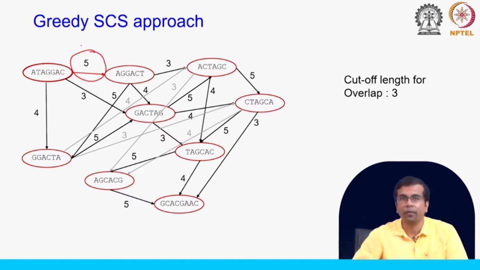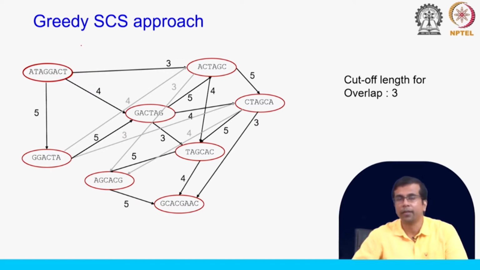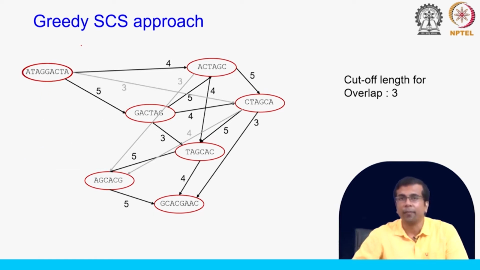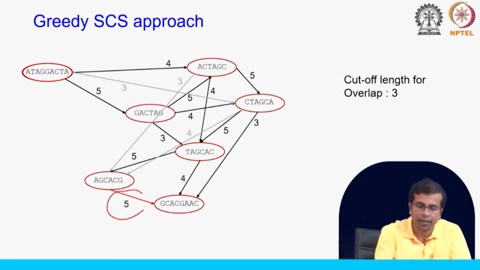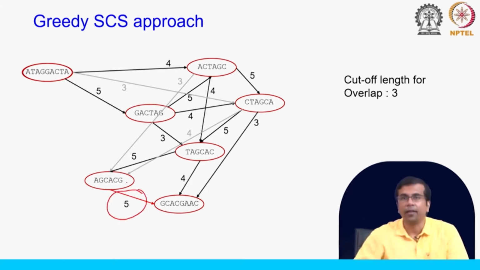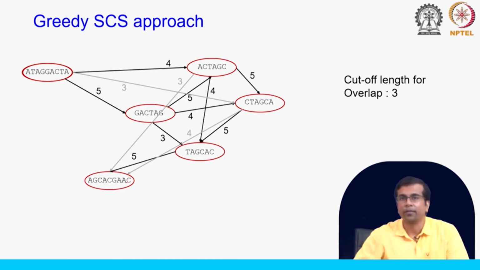So, we can go on, and the connections will be updated. Again we can choose this one here on the left, it will be updated. Then we have this one highlighted in red color again, and this will be updated.